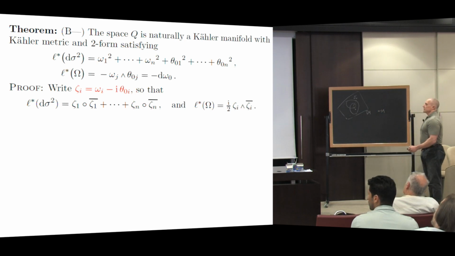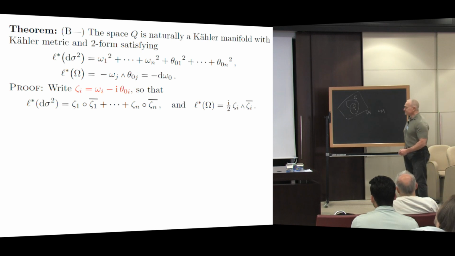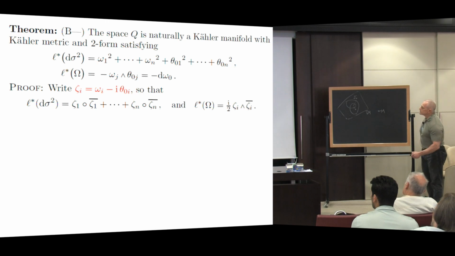If you take the semi-basic forms omega_i minus, by the way, whenever you see a Roman i, that means square root of minus 1. The little script i's are subscripts. So if you look at this complex valued 1-form, i goes from 1 to n, then, for example, you can see that zeta_1 times zeta_1 bar is exactly omega_1 squared plus theta_0^1 squared.